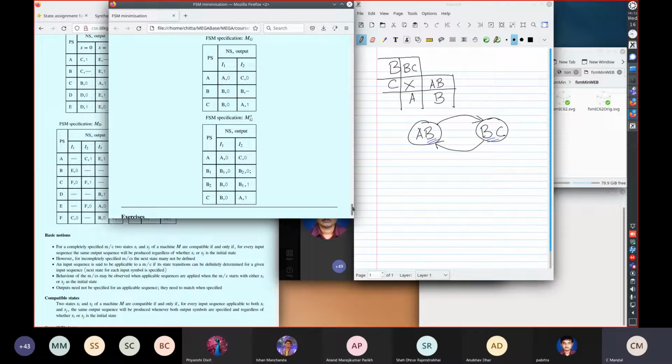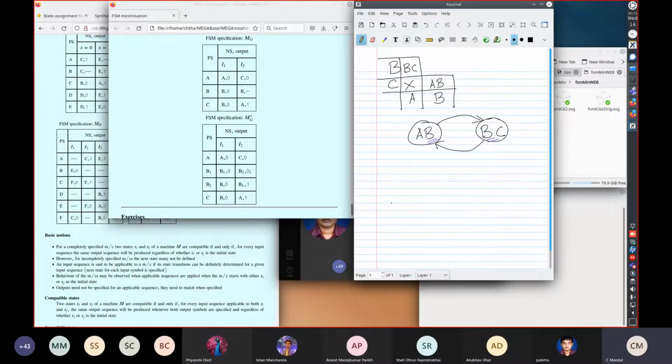So we have got, let me just copy it here. And on I1, and this is on I2.